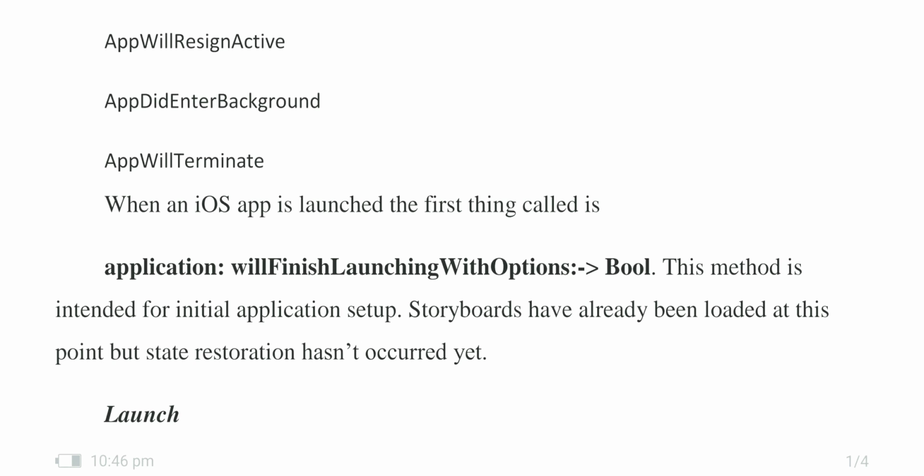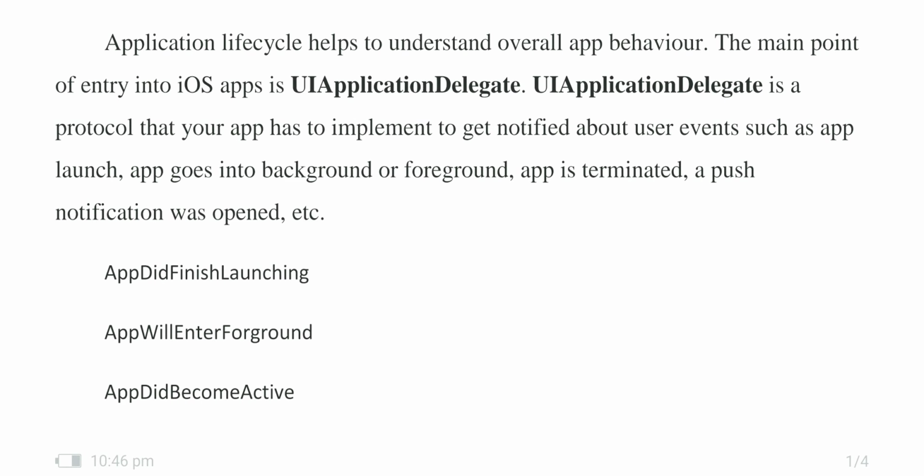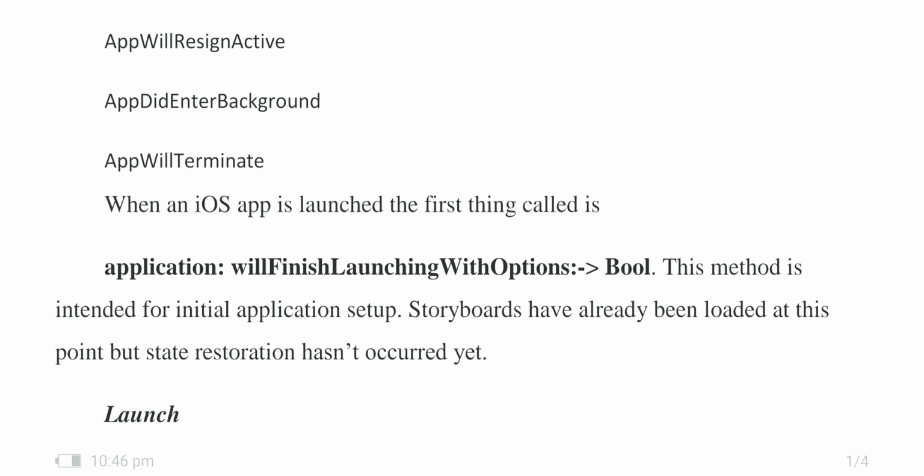When the iOS app is launched, the first thing called is willFinishLaunchingWithOptions. We started with didFinishLaunching, but before that, the willFinishLaunchingWithOptions method will be called. It returns a boolean. This method is intended for initial application setup. Storyboards have already been loaded at this point, but state restoration hasn't occurred yet.